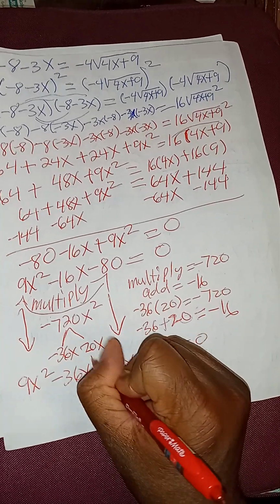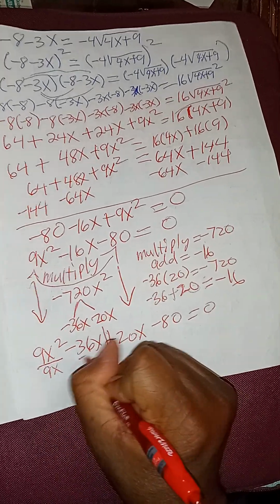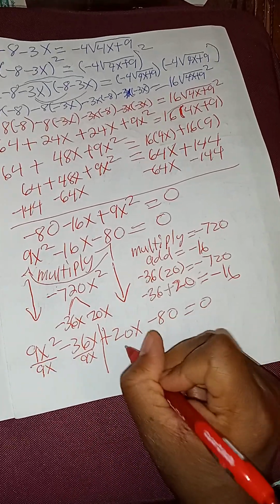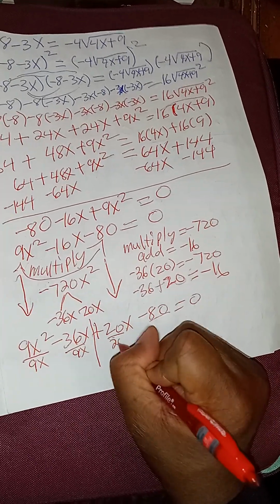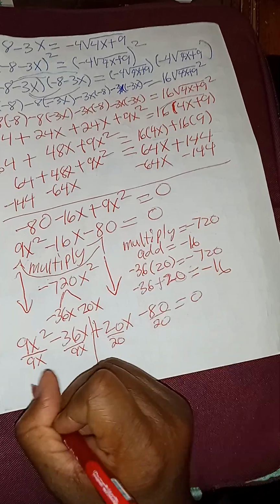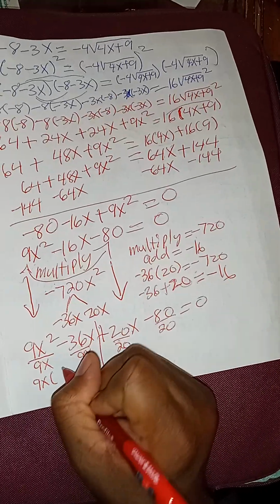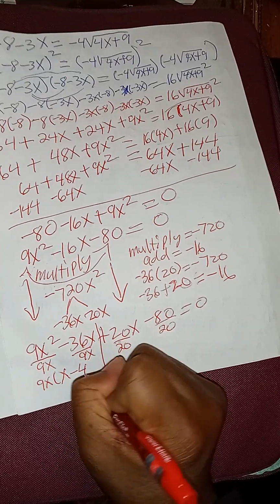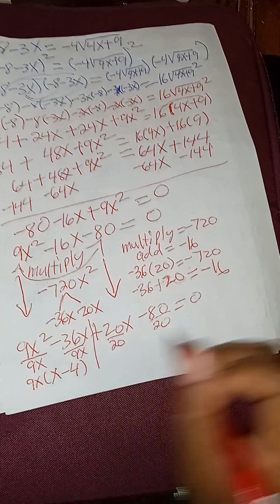So we want to begin to factor. On the left-hand side, a 9x comes out. And then on this side, a 20 will come out. Okay, so when we factor 9x out, we're left with x minus 4, because 36 divided by 9 is 4.